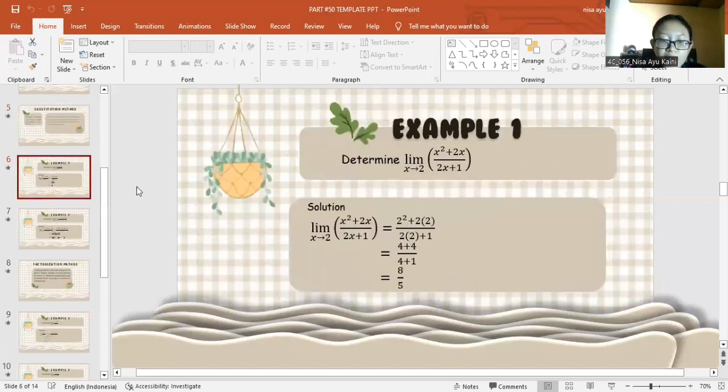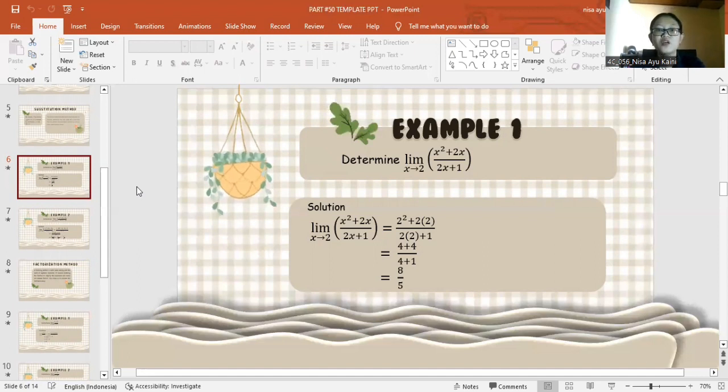Okay, example 1. To determine the limit as x approaches 2 of x squared plus 2x all over 2x plus 1, the solution is we can use the substitution method. Substituting x equals 2 into the expression, we have 2 squared plus 2 multiplied by 2 all over 2 multiplied by 2 plus 1.